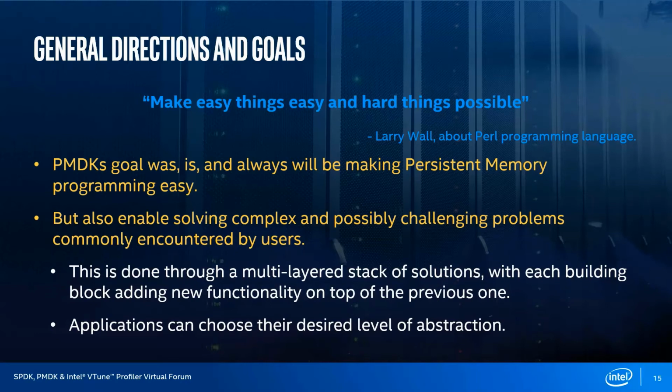There are some things that are simply difficult, and to make them flexible, the abstraction that we have to come up with isn't always going to be easy to use, because then we will be trading off performance for convenience, which is fine, but we want to make sure that efficient things are possible. So I do like the quote from Larry Wall, who is the author of the Perl programming language, that we should make easy things easy and hard things possible. That is the exact same principle that we try to follow in PMDK.